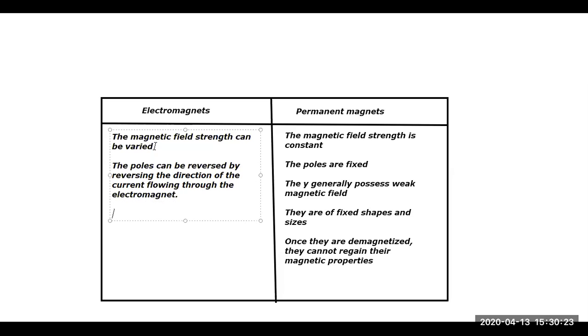And what else are we going to say? The field generated is stronger than the permanent magnets. That's why when you are seeing cranes that are lifting very heavy objects, they generally use electromagnets, because the strength can be increased multifold by increasing the current that is flowing through it or by increasing the number of turns.